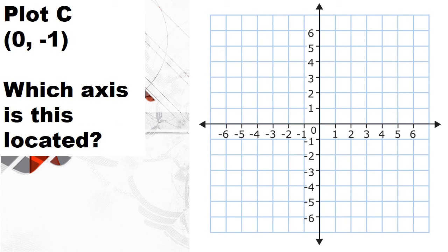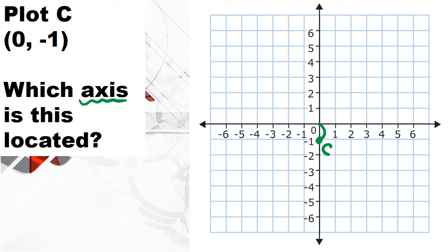Let's try another one. Let's plot point C. What we do is we start in the middle. Our x-coordinate is 0. All that means is we are not going anywhere. Now let's model our y-coordinate. We're going down 1. We're going to label this as point C. And it tells us to identify which axis this is located on.